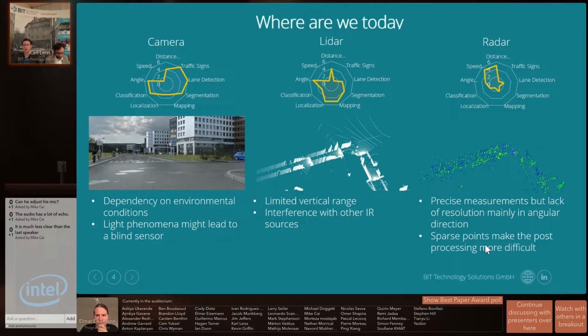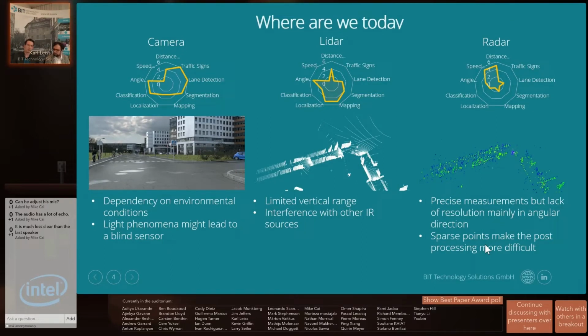There's also possible interference with other infrared sources like the sun or other sensors. And it's an additional sensor you need to mount. Typically the cars or vehicles come with multiple of those sensors. So there's an interest in the industry to keep the number of sensors low because they also drive the compute power effort and the cost in each of those models.